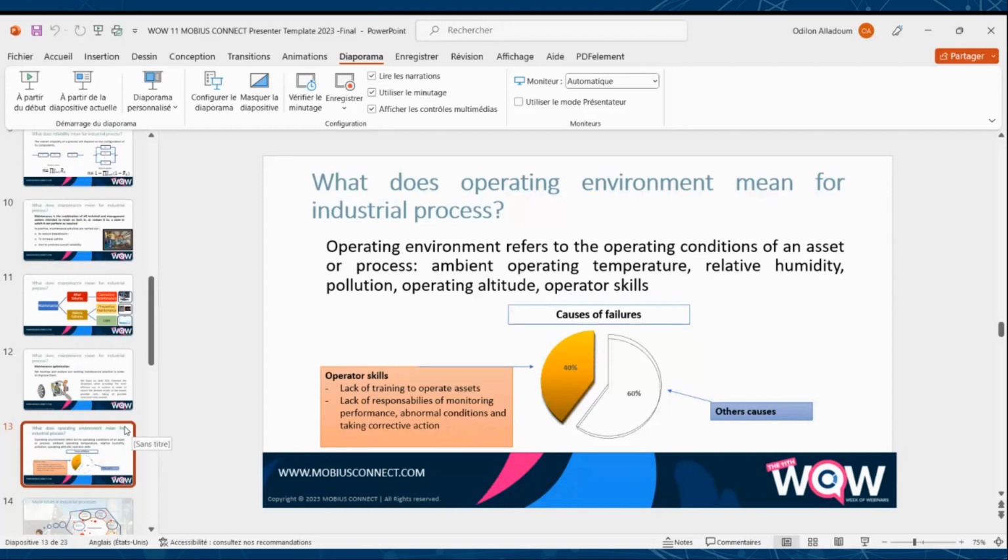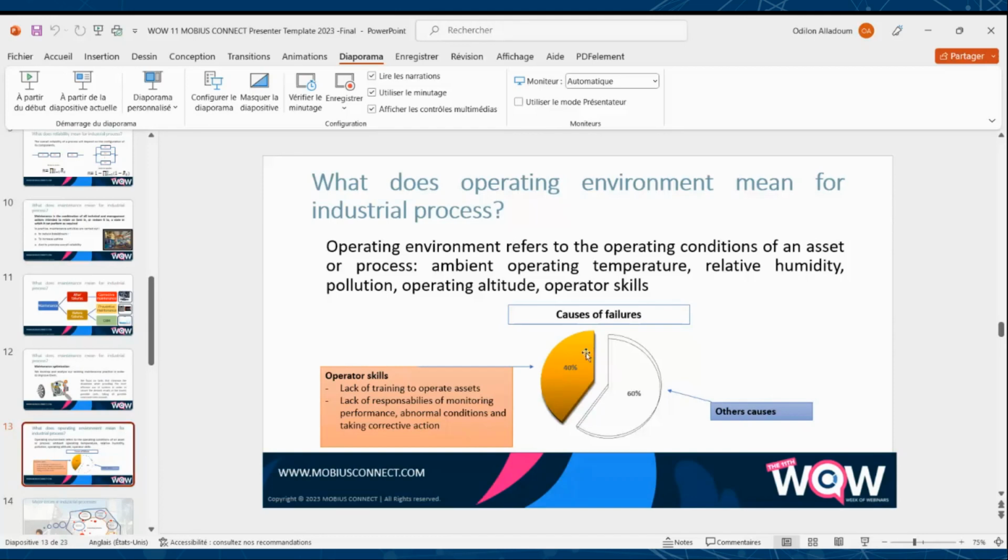So understanding the operating condition is key to adjusting our maintenance and reliability strategy. We observe this kind of practice in lubrication, for example, when the operating conditions are severe, for example, in dust, humidity, or high temperature, the lubrication intervals are reduced.